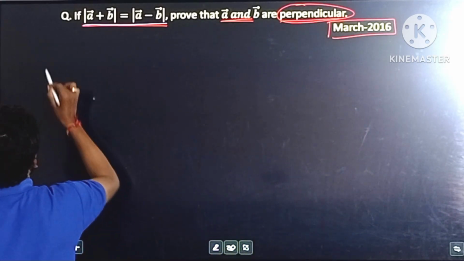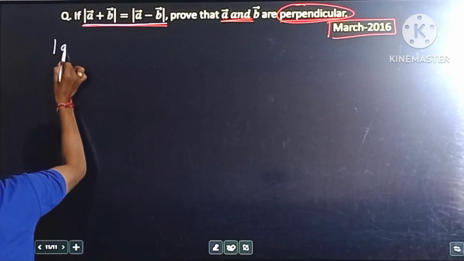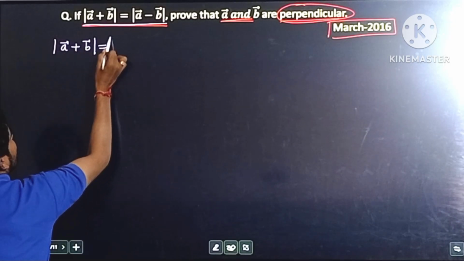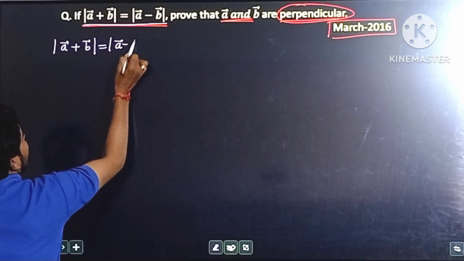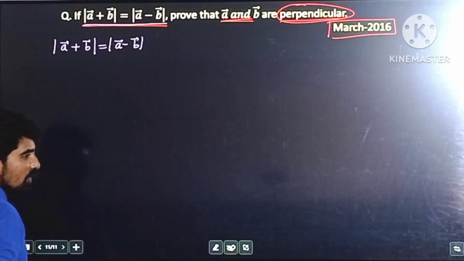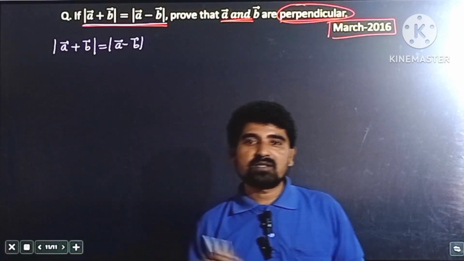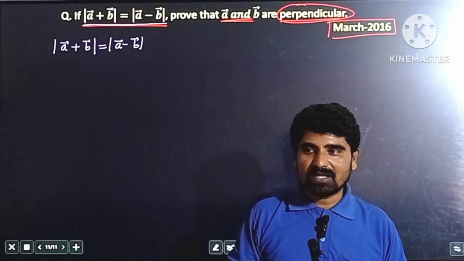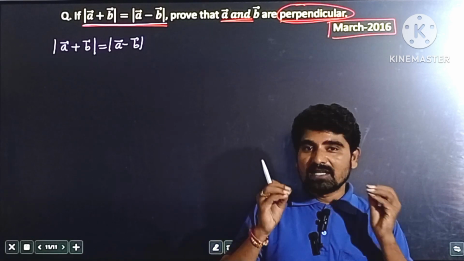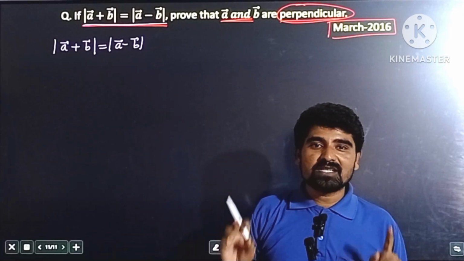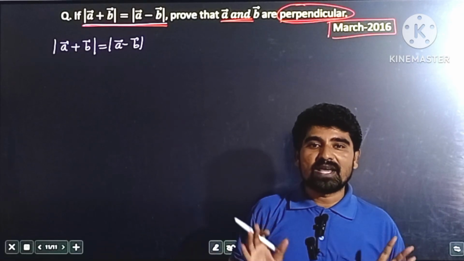So the given thing is magnitude of A vector plus B vector is equal to magnitude of A vector minus B vector. See here, if a question consists of A vector plus B vector and A vector minus B vector, terms of this form, then the first step is we need to take the squaring.